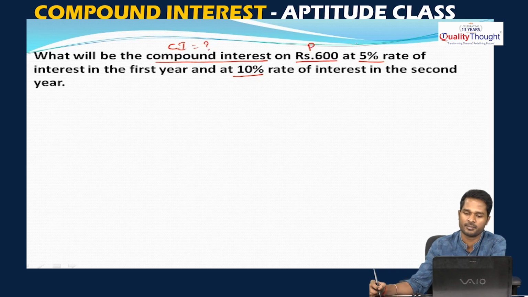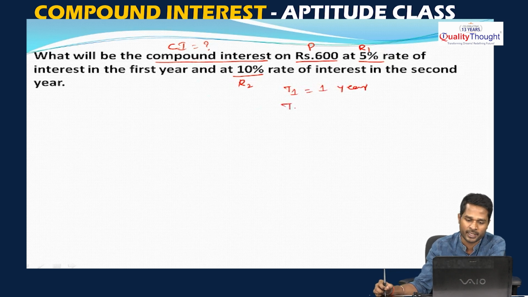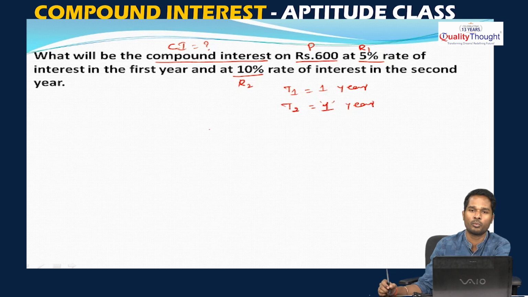Let us consider the first year rate of interest as R1 and the second year rate of interest as R2. Here we need to check the time periods. T1 for the first year is only 1 year, and T2 for the second year is again 1 year, as we have only one second year.